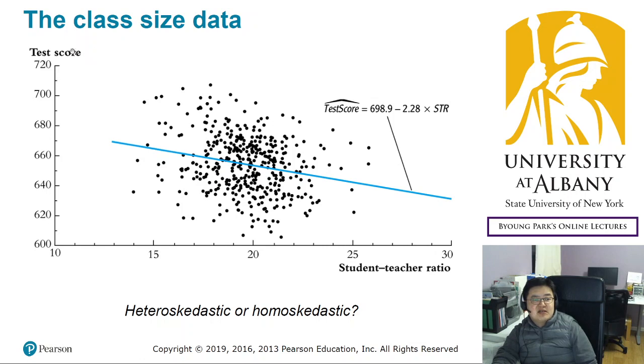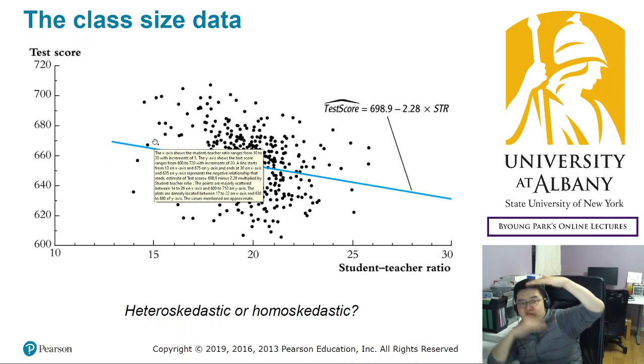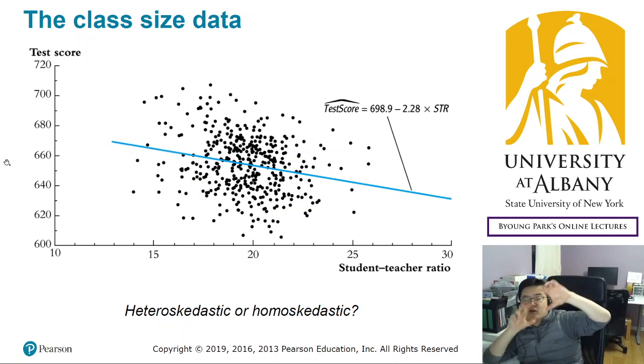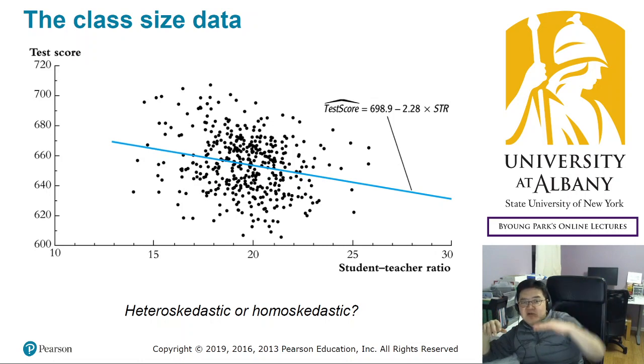And this is class size data. Class size data look like this, and from here I think it's more like homoscedasticity. If you think about the trend line, the regression line, and the dispersion from the regression line, it's more like a uniform band around the regression line.